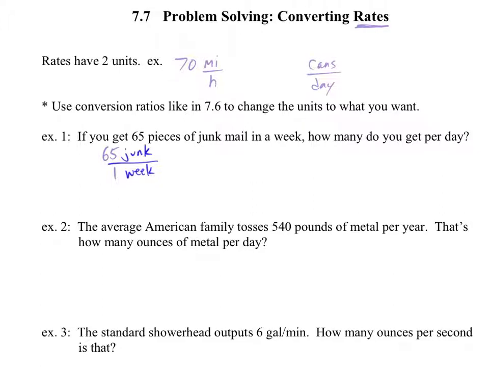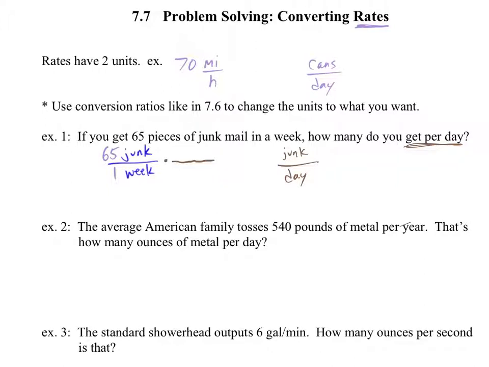Now the question is, we want to change this to how many do you get per day? So we want to change this over to junk mail per day. Fair enough? So that's going to be our answer. How many pieces of junk mail do you get in a day? So we need to change that week to a day. And we do that by having a fraction in here that's going to change it to what we want.